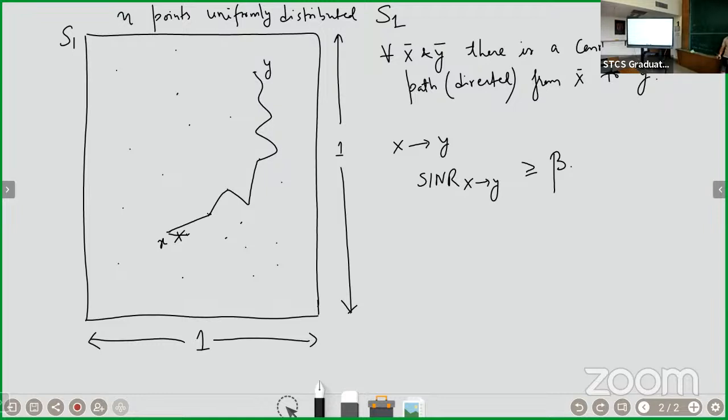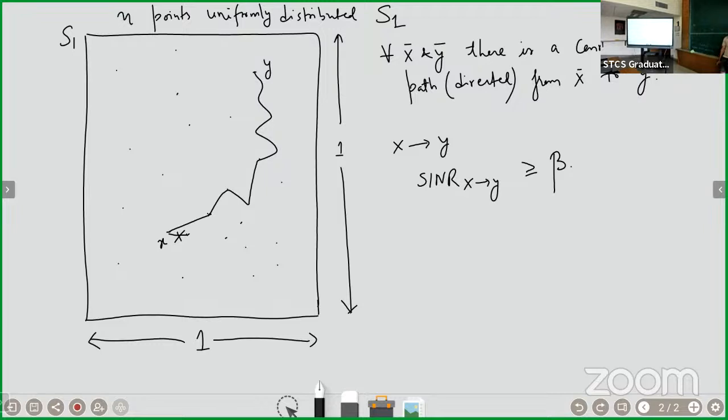The easiest way to remember is to always make sure that the expected degree is log n. All the connectivity results require roughly the expected degree to be log n, while percolation results require expected degree to be 1. That's the main distinction between percolation and connectivity. So what we needed there was pi r square should be log n by n.